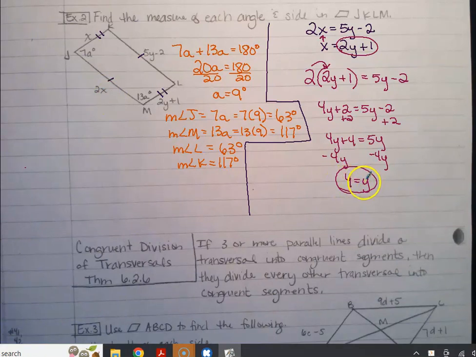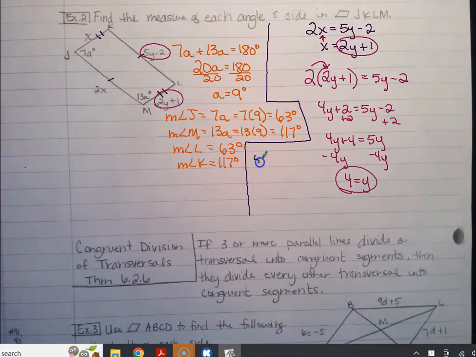Lucas, can we plug y in when we have 2 times x? No, we can't, but the opposite side, which is also congruent, has the y in it. So we can use this one, or this one, to solve. Pick one of those expressions and let's find the measure.